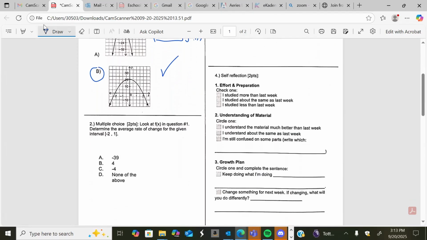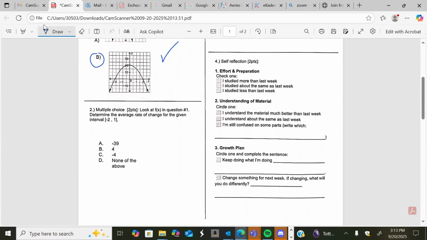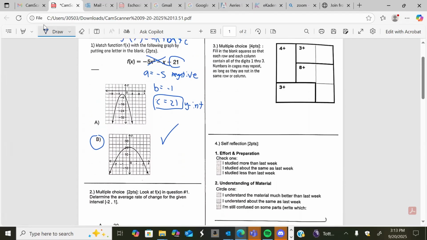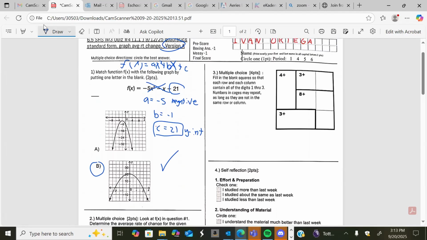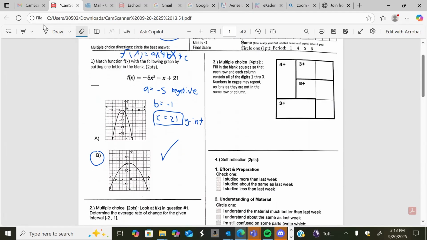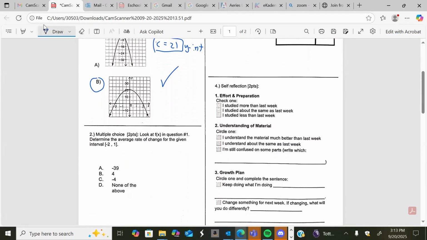Okay, moving on to question 2. Question 2 is asking us to find the average rate of change using the first example. So we have to use this example. Remember when we're trying to find the average rate of change, the interval that they give us consists of two x values.